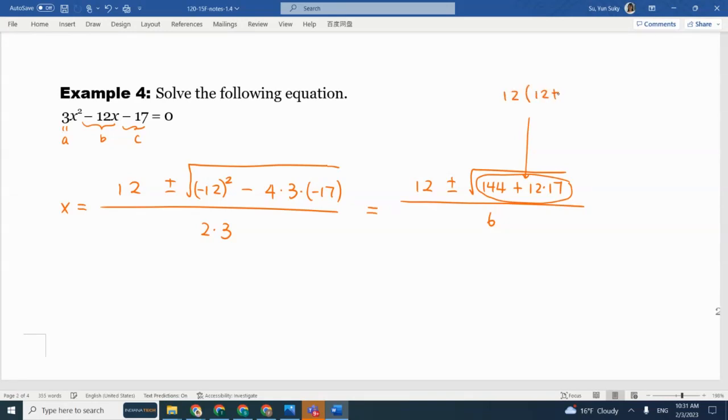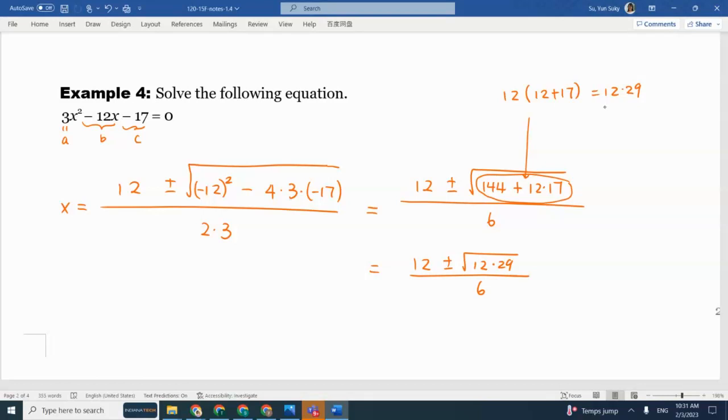We get 12 plus 17. Right, everybody? So I'm trying to simplify it, because if you use your calculator, it just gives you a decimal. It won't be exact. So I'm trying to simplify it so we still get exact answers. Then this is 12 times what? Is it 29? Yeah, everybody? So this is 12 plus or minus square root of 12 times 29 over 6.